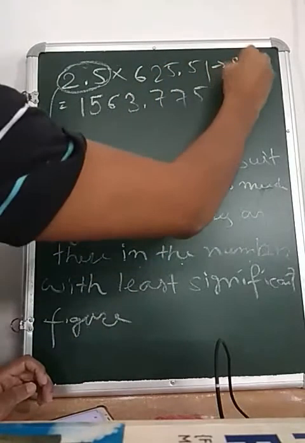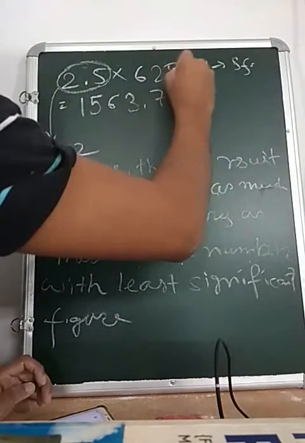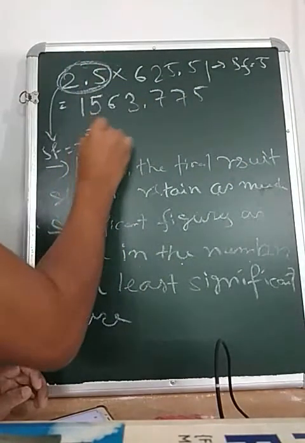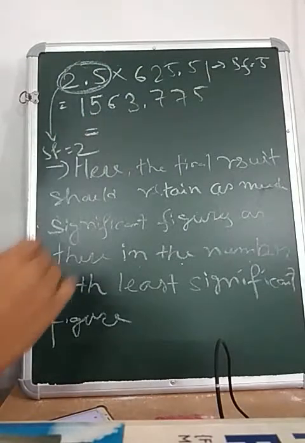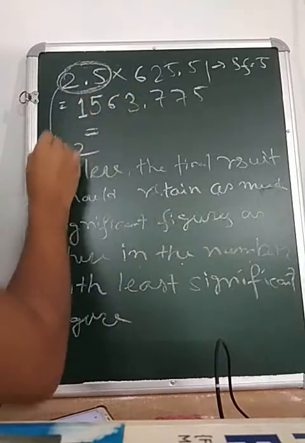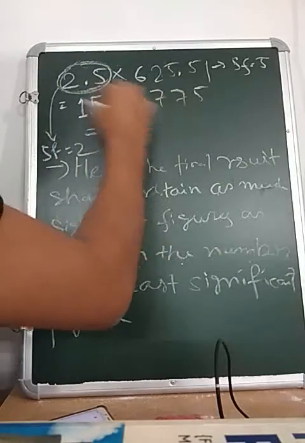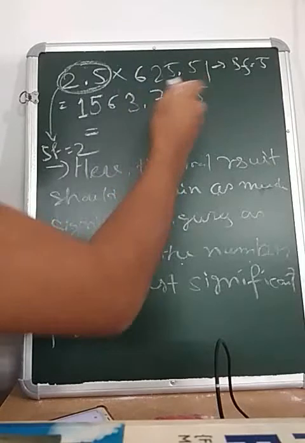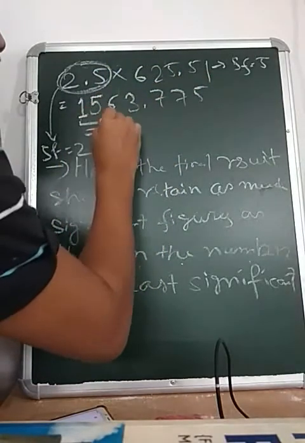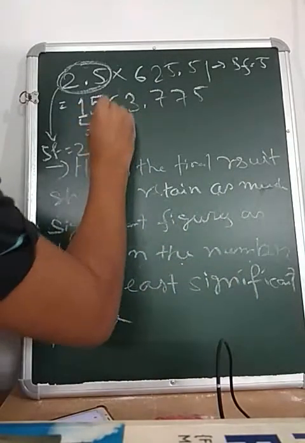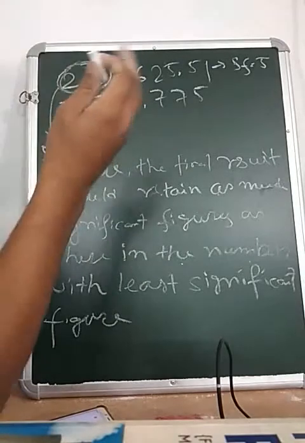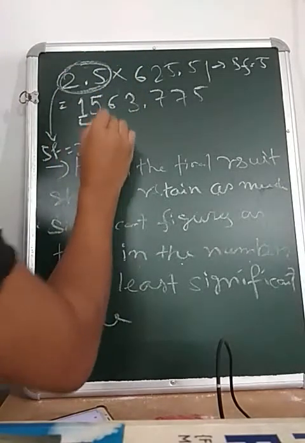Here the significant figures are 5. Okay, so this is the least. So how do we represent this answer? We have to convert this result to two significant figures. Okay, here we also have to keep in mind that we have to round it off.